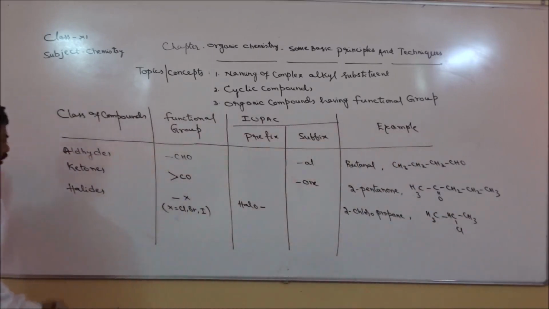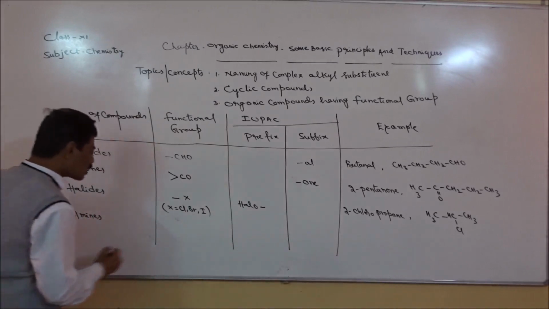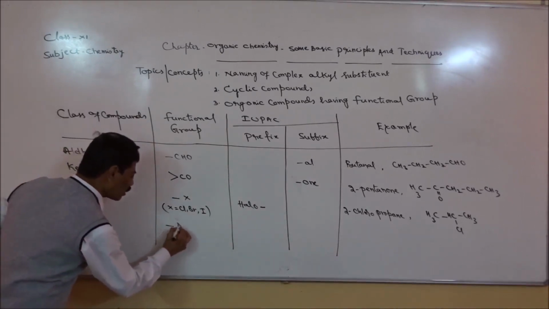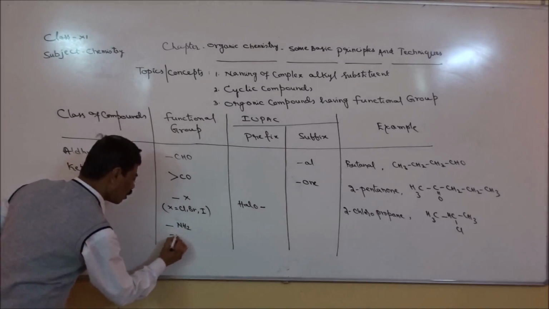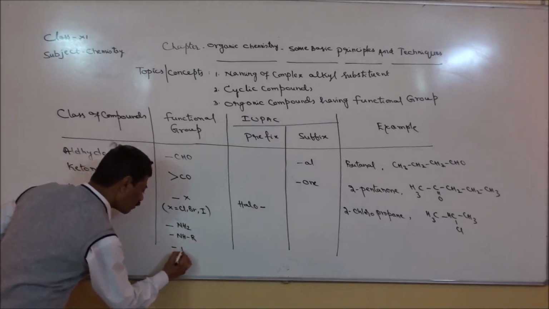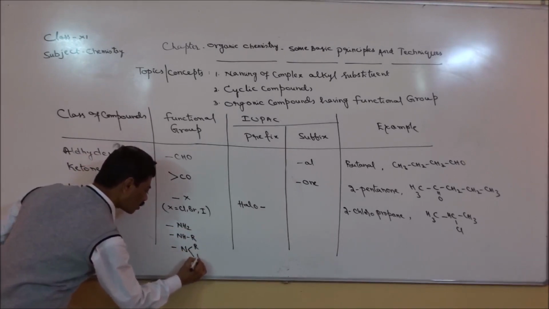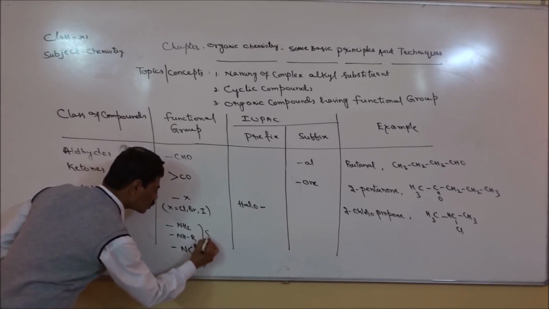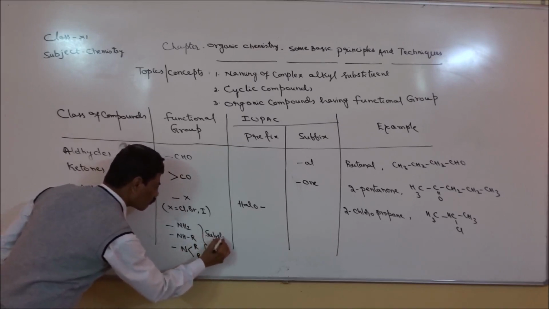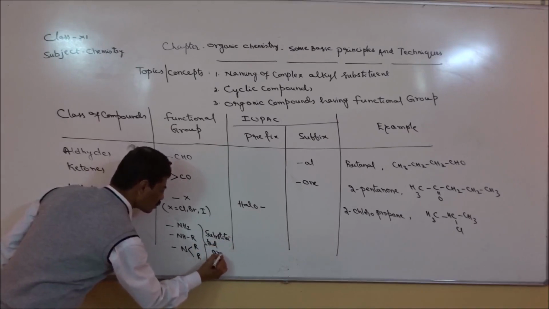Next class of compounds is amines. The functional group of amine can be NH2 or NH or N, or R. These are called substituted amines.